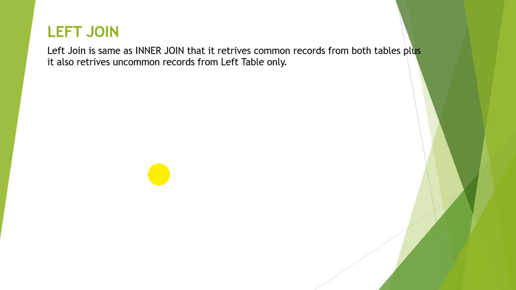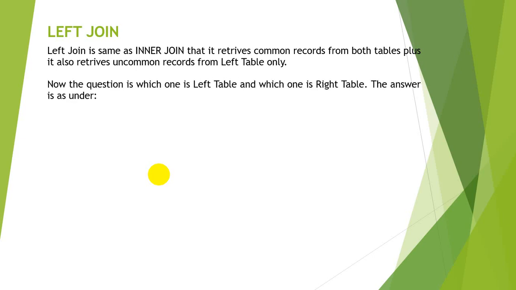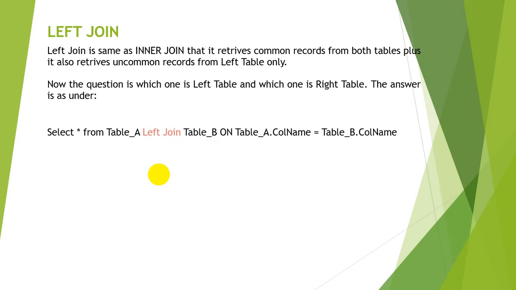It means uncommon records. Now the question is, which one is the left table and which one is the right table? The answer is: select all from table A, left join table B on table A dot column name is equal to table B dot column name. This is the basic syntax, same as inner join.